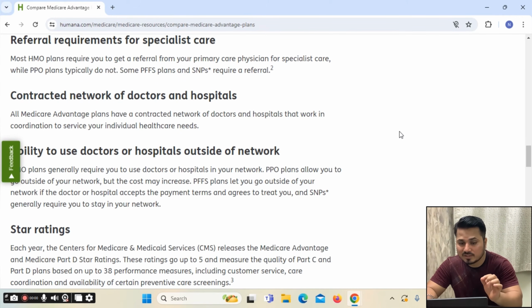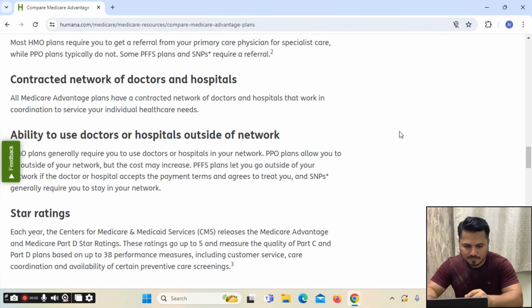Referral requirements for specialist care. Most HMO plans require you to get a referral from your primary care physician for specialist care, while PPO plans typically do not. Some PFFS plans and SNP plans require a referral.